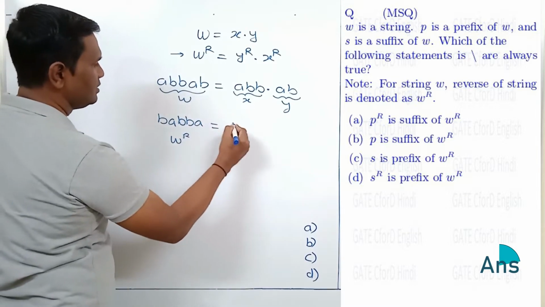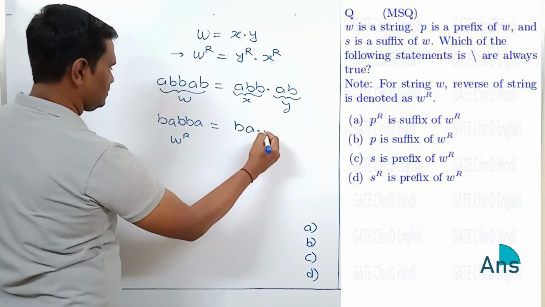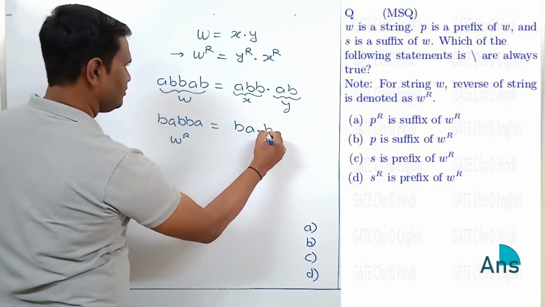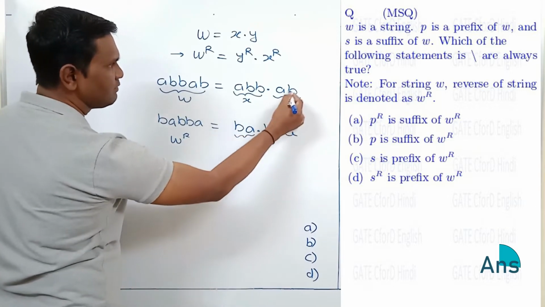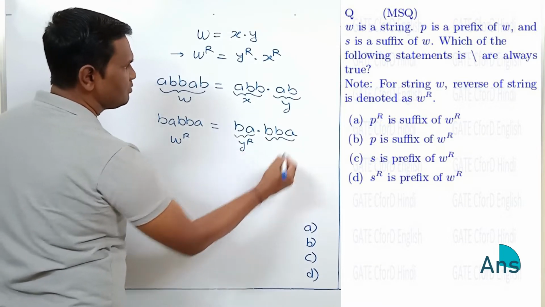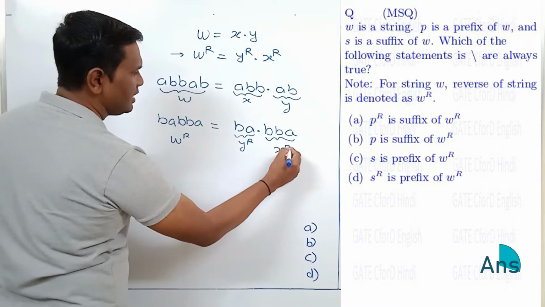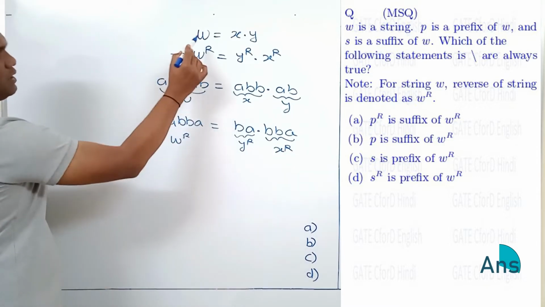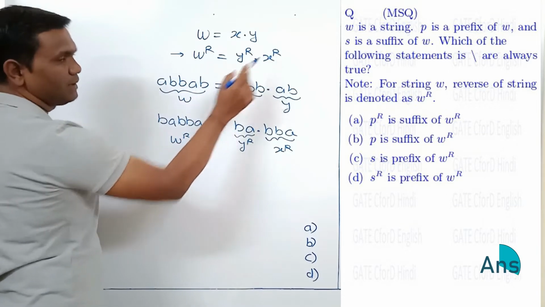This will be BA dot BBA. If you consider BA, it is the reverse of AB. This is YR. And if you consider BBA, it is the reverse of X. It is XR. So if W is equal to X dot Y, WR is equal to YR dot XR.